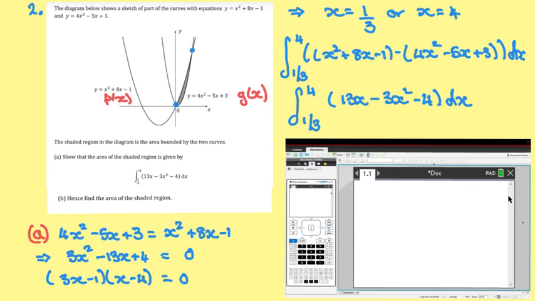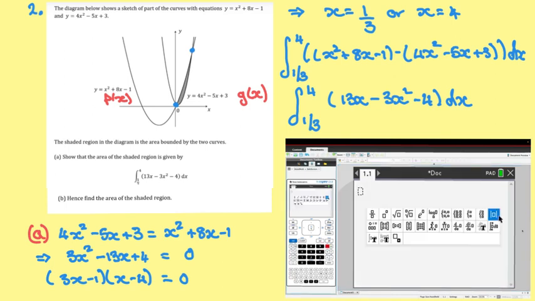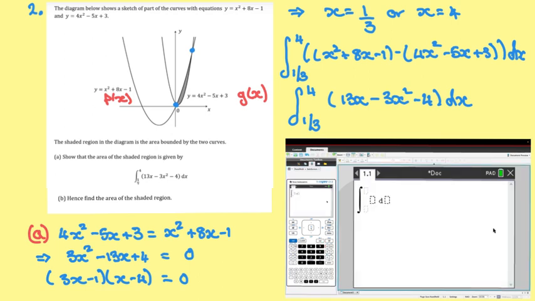I've opened my TI Nspire to a calculator page. Now I find my integral button and I want it between 1/3 and 4. I want it to be the modulus, so I find my modulus. Now I put in my function, which is 13x minus 3x squared minus 4 dx.